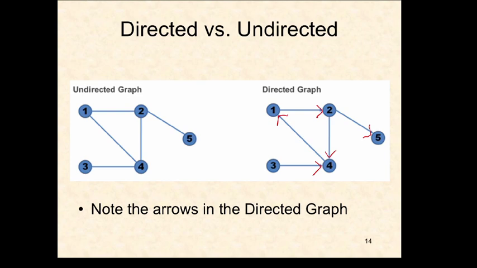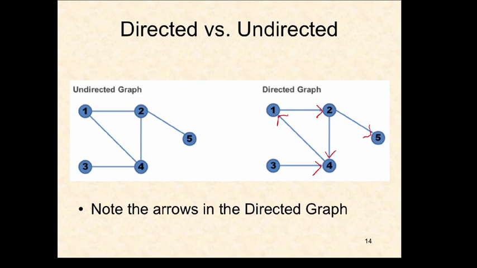Okay, so for Alan, your question about directed versus paths or cycles: I could have a simple path with or without directed edges. It's just that if there are directed edges, I'm limited in which direction I can go. So for example, in the undirected graph here, I could go from 1 to 2 to 4 or from 1 to 4 to 2.